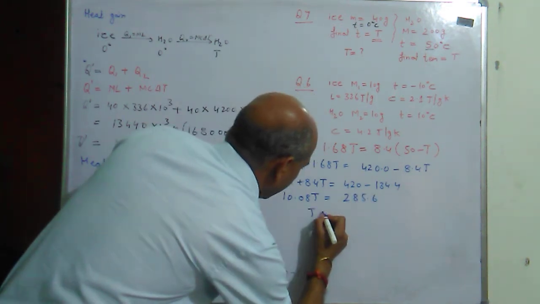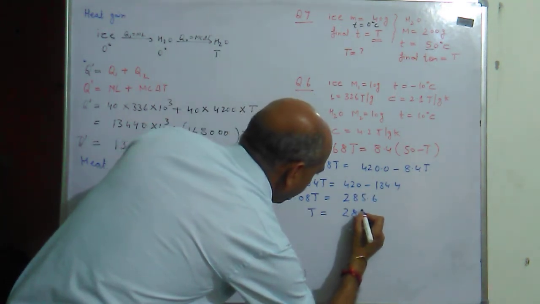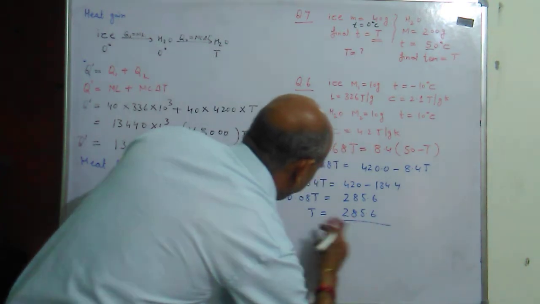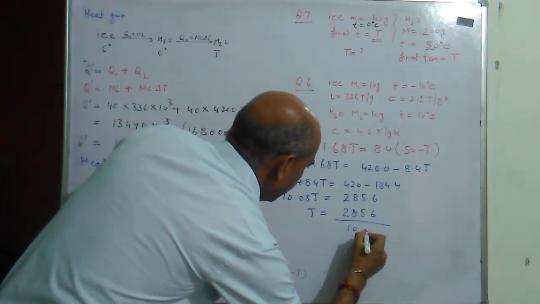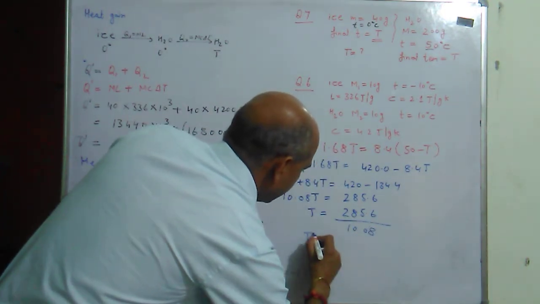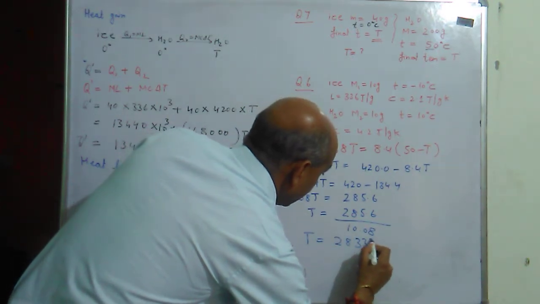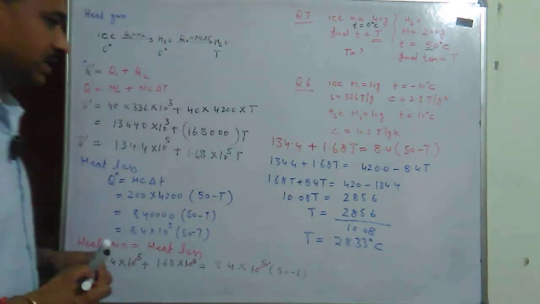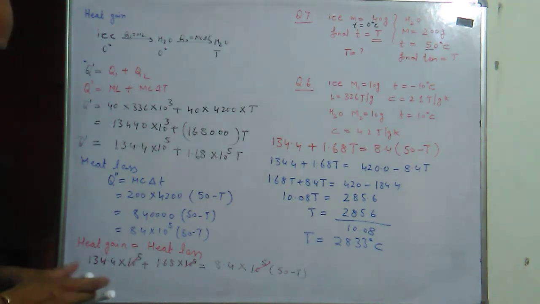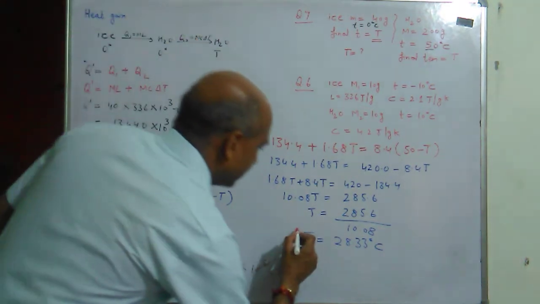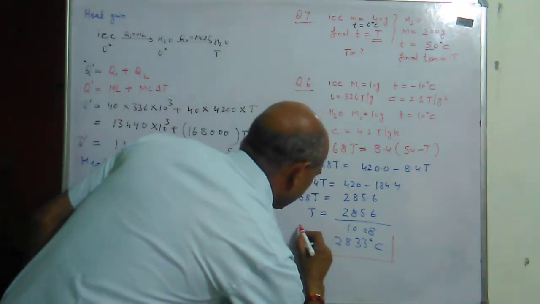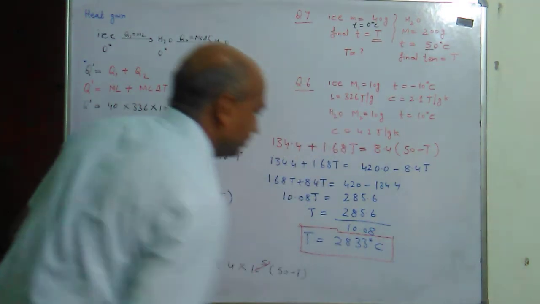So T equals to 285.6 upon 10.08. So T equals to 28.33 degrees Celsius. So this is the answer. This is the final temperature of the mixture.